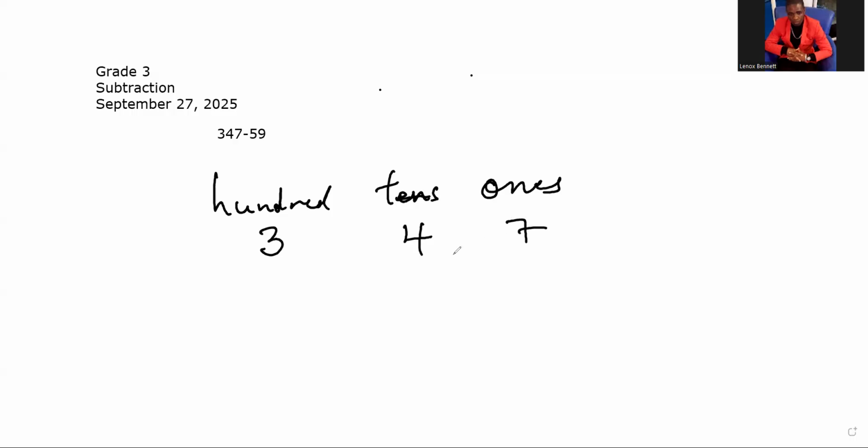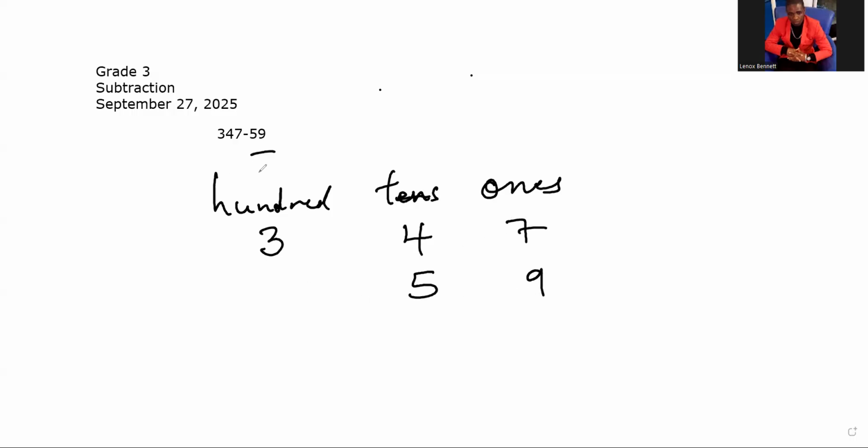So we have 347 subtract 59. Let's put it out. So we have our hundreds, tens and our ones. So that's 3, 4, 7, and then 5, 9.